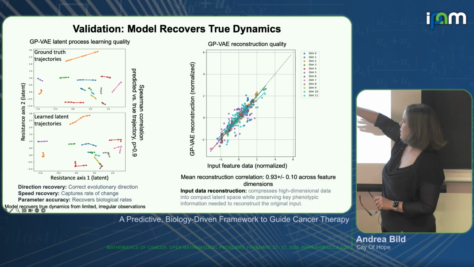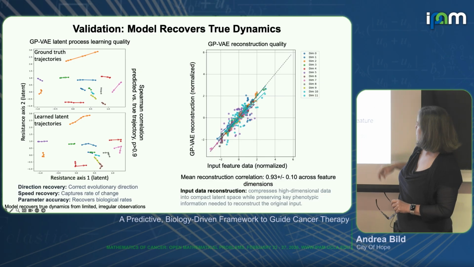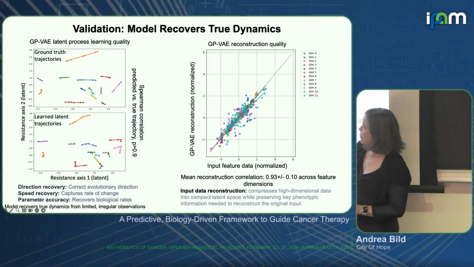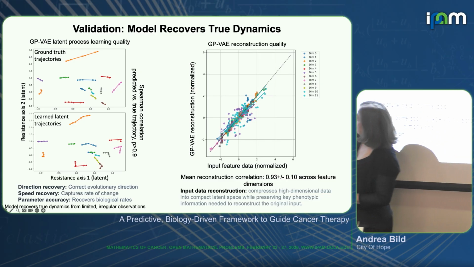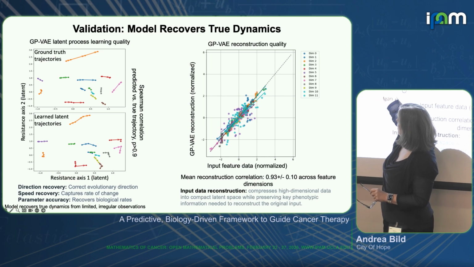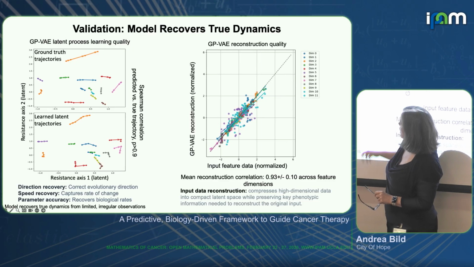You can see that there was a strong correlation between the mean reconstruction across the feature dimensions, which shows that they are preserving some of the biological meaning of the data. And then on the left, the top is the ground truth from the synthetic data. Again, each line represents a different patient and the direction that their tumor is going in across those different axes.